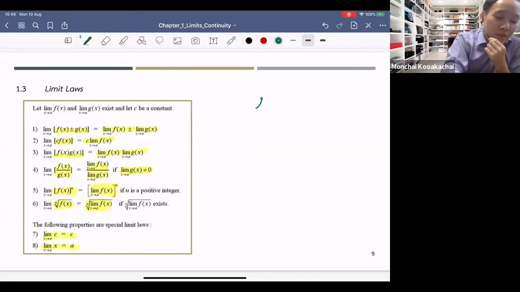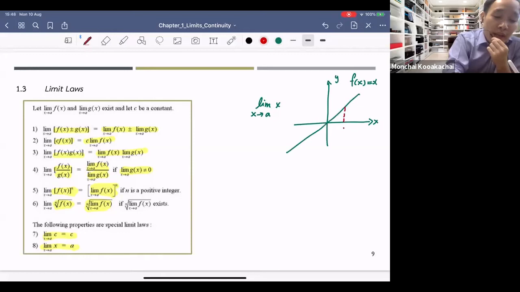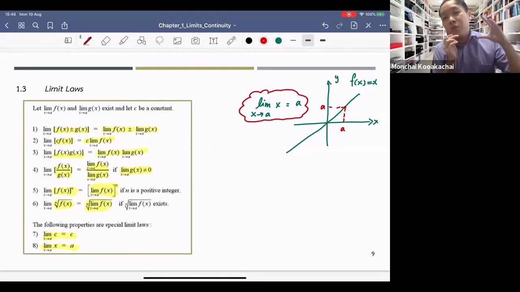If you look at the limit of x when x approaches a, it is the same as asking what if I have the function f(x) equal to x, the identity function, and you want the limit at a, the y value is going to be a too. So the limit is a. All right. This is how you figure out limit laws.